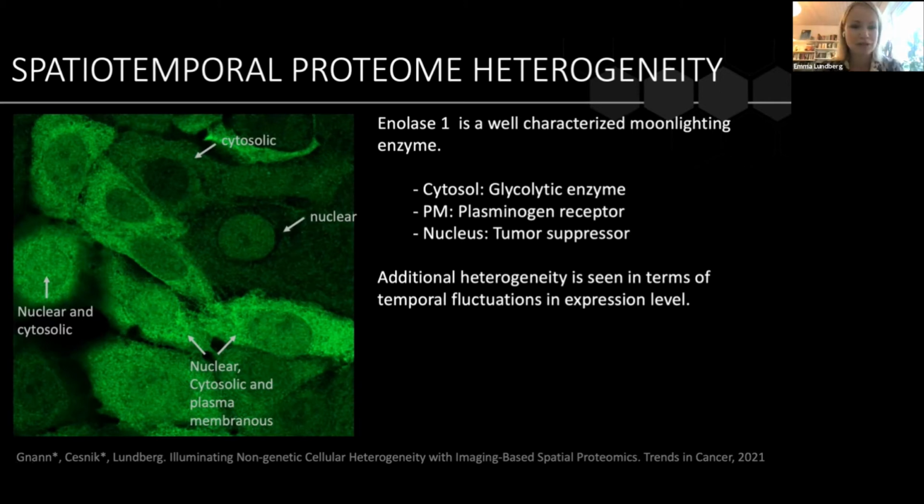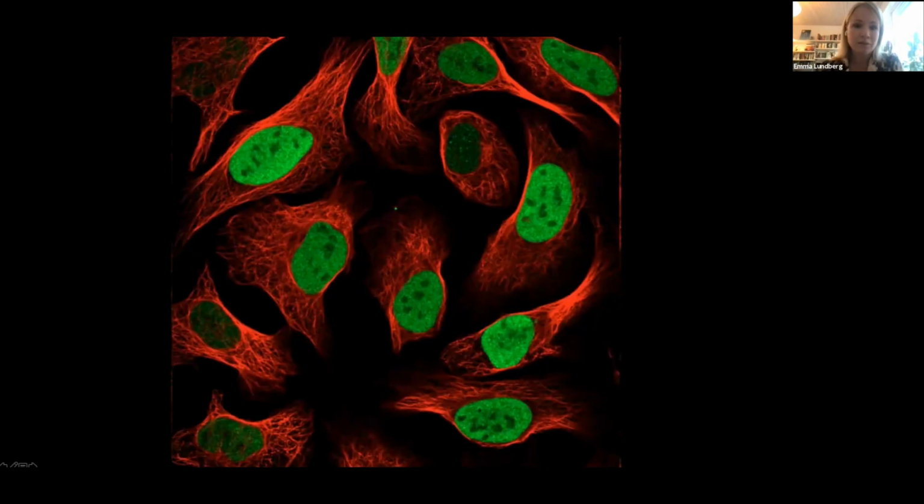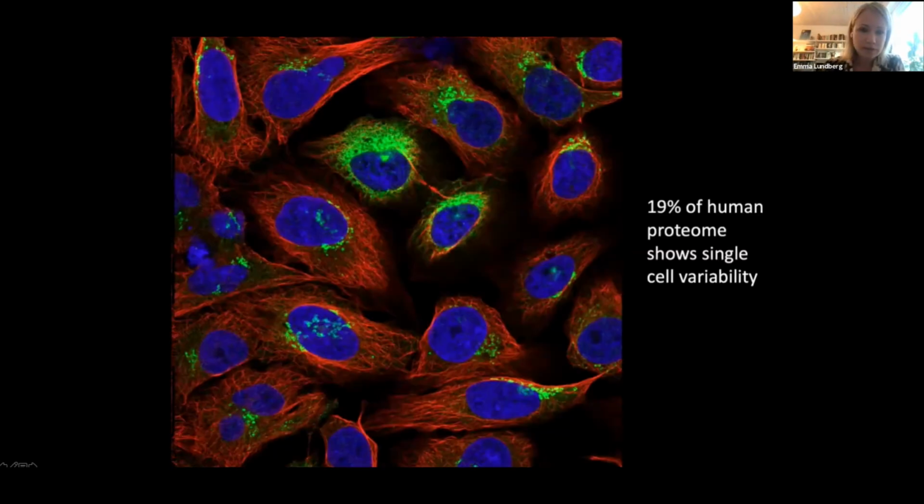And I will continue along those lines. So a couple of years back, we set out to identify all the images that show cell-to-cell heterogeneity in the protein atlas, because at least they signal that there might be some kind of dynamics going on here. To give you some examples of what these images might look like, it can be that the proteins are only expressed in some cells, that we see a gradual variation in intensity, low expression in some cells, high expression in others, or that we see translocation.